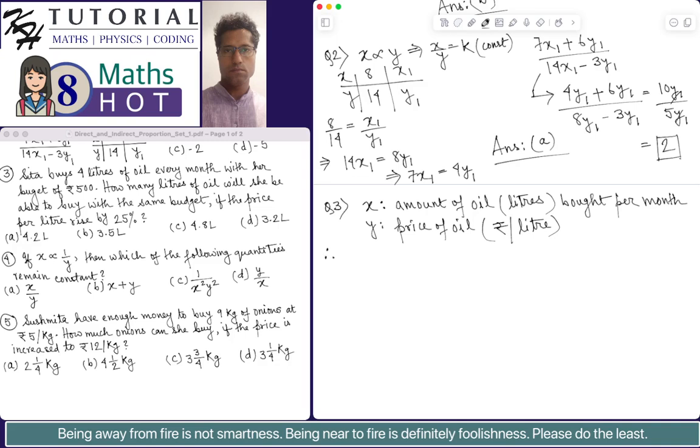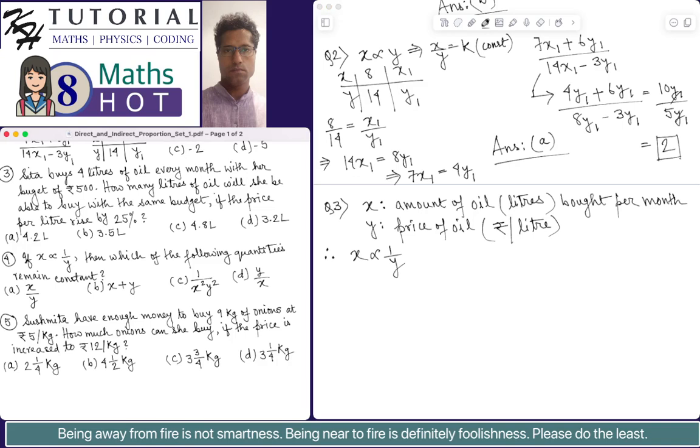Now we can clearly say that X, the amount of oil, will be inversely proportional to Y. That is, these two quantities X and Y will be in inverse proportion. Now, let's see how we create a table.